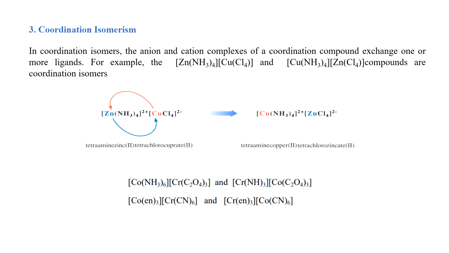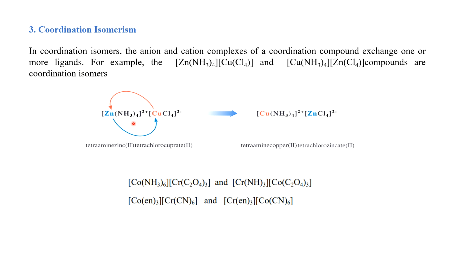Let us move to the next one, that is coordination isomerism. In this case, the anion and cation complexes of a coordination compound exchange one or more ligands. Let us understand again with an example.